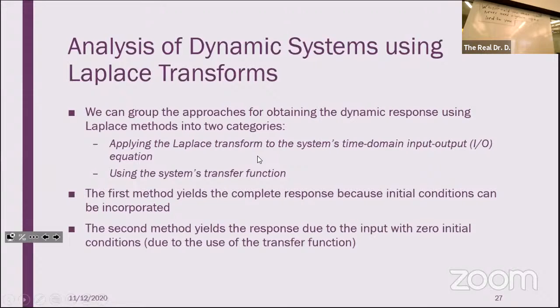Now, what is the difference between using the overall Laplace transform and the transfer function? By the way, side note, if you are asked to use the Laplace transform method to solve for a system response, that is asking you to take the Laplace transform of both sides using the initial conditions, solve for y of s, do your partial fraction expansion, and then use your inverse Laplace transform.